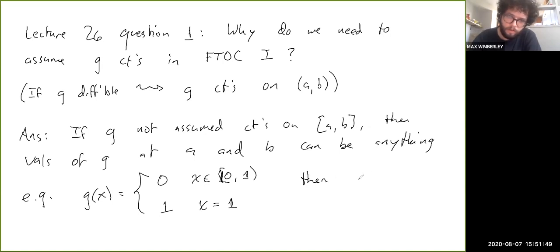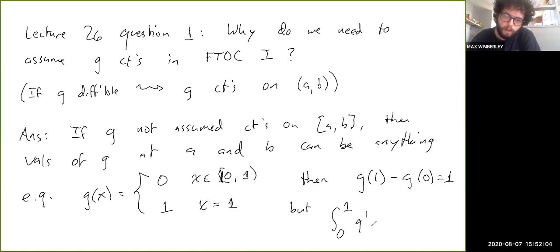Then g of 1 minus g of 0 equals 1, but the integral from 0 to 1 of g prime, where g prime of x just equals 0 for x in the open interval (0, 1), is actually integrable, and the integral is just 0.